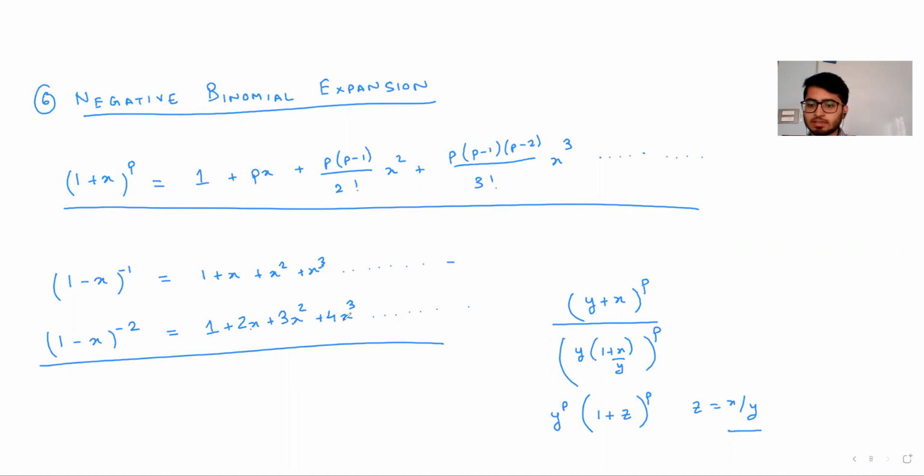Example, please. Ganesh, example of what? AGP, do you mean? This is an AGP. This is an example of an arithmetic geometric progression: 1 plus 2x plus 3x squared plus 4x cube. What do we mean by AGP?